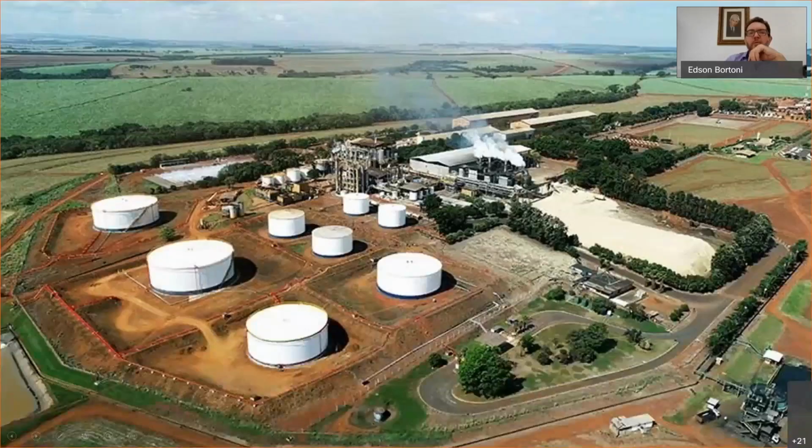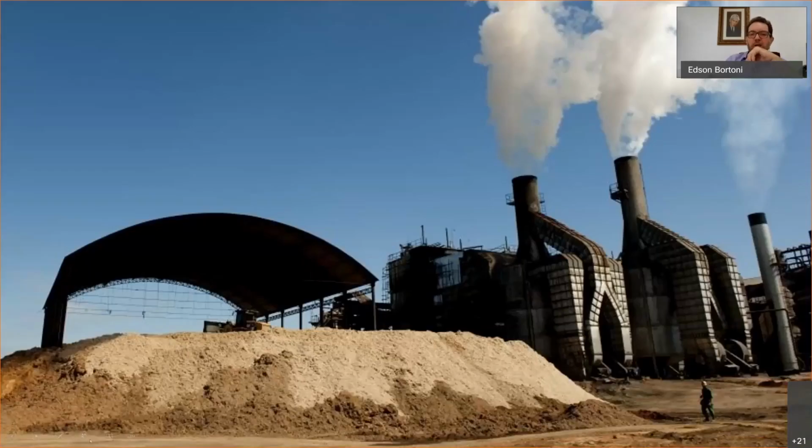So an example here, we have a sugar cane plant. You have a plantation of sugar cane around this facility, and you have a lot of bagasse as a power source running the facility. You can compare this height with the height of a human.